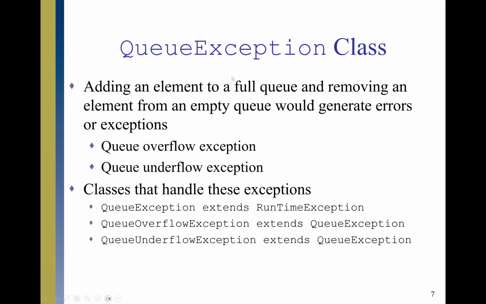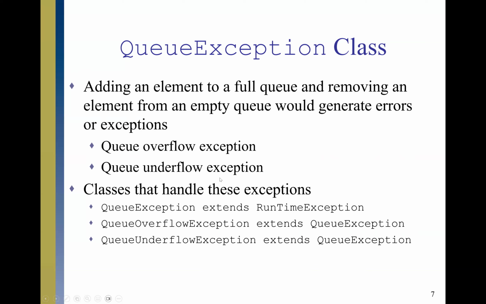So let's start with the queue exception class. Adding an element to a full queue, or, again, this is an array implementation, if there's no space in the queue, may cause an exception or an error, which we normally call overflow. Or removing an element from an empty queue may also generate an error. We will call it underflow. Again, here we are using Java implementation.